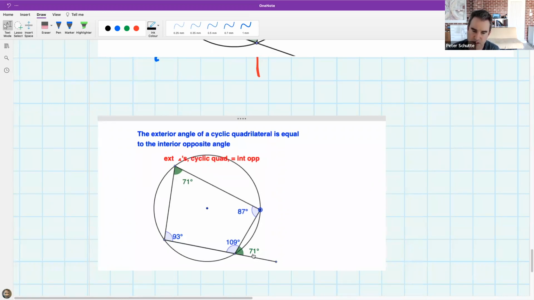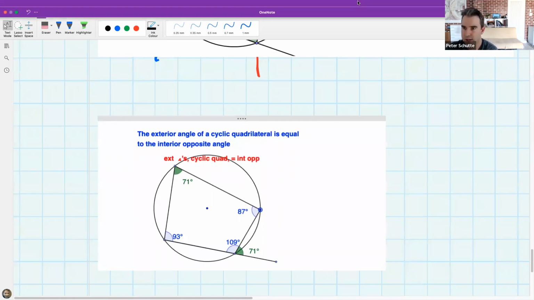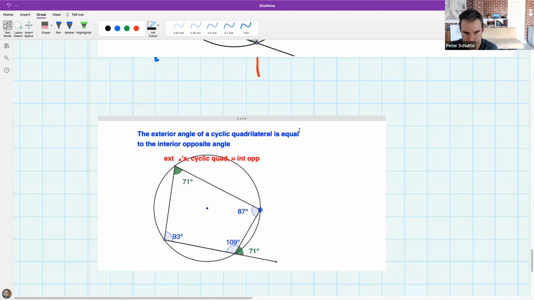So if you jump from 71 into the quadrilateral, and you jump across, that's called the interior opposite. So the exterior angle equals the interior opposite. Yeah, and so that is also true in cyclic quads.